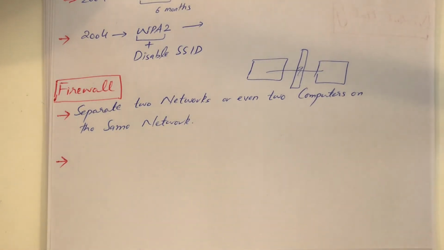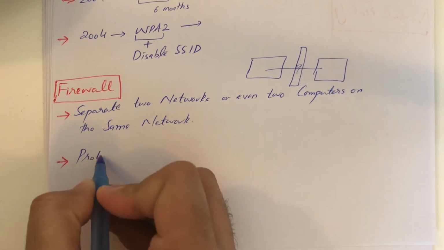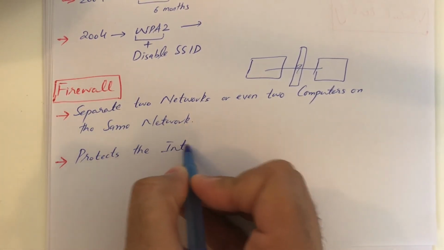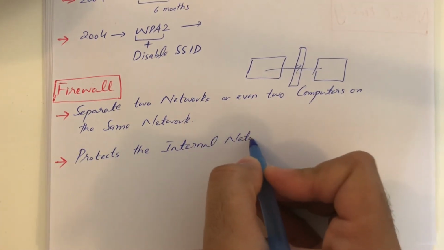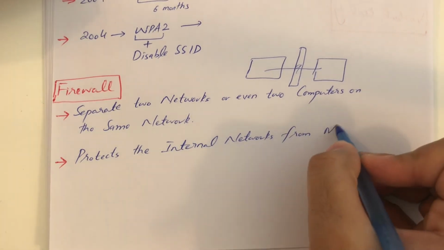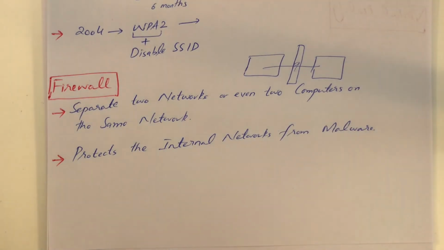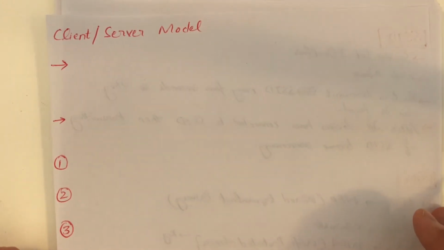Other than that, what else can you do with the firewall? It protects the internal networks, internal devices, from malware. And usually the firewall, as we talked about, comes built in within the routers.